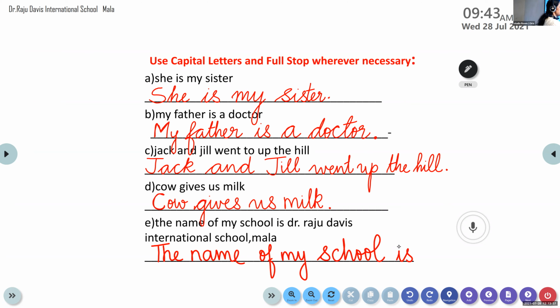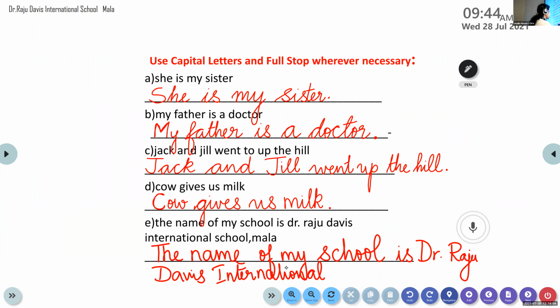So how do we have to write it? It should be written in capital letter. D should be written in capital letter. Raju Davis International School.